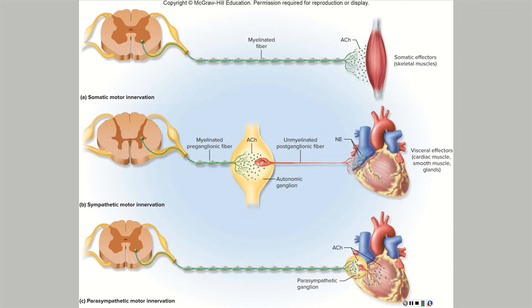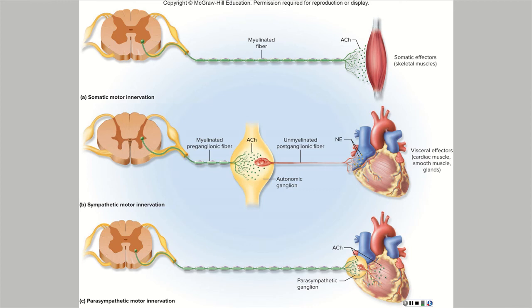But let's look at the anatomical layout. And what I mean is, where is the preganglionic neuron? And where is the postganglionic neuron? And where is the ganglion itself? And where do these nerves leave the central nervous system?